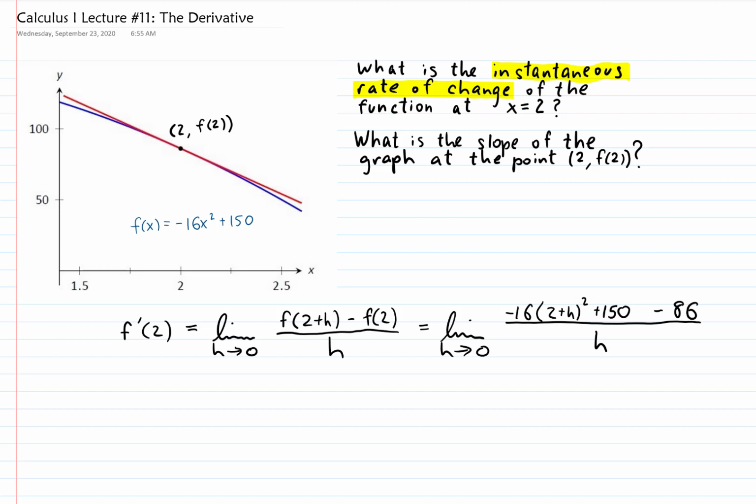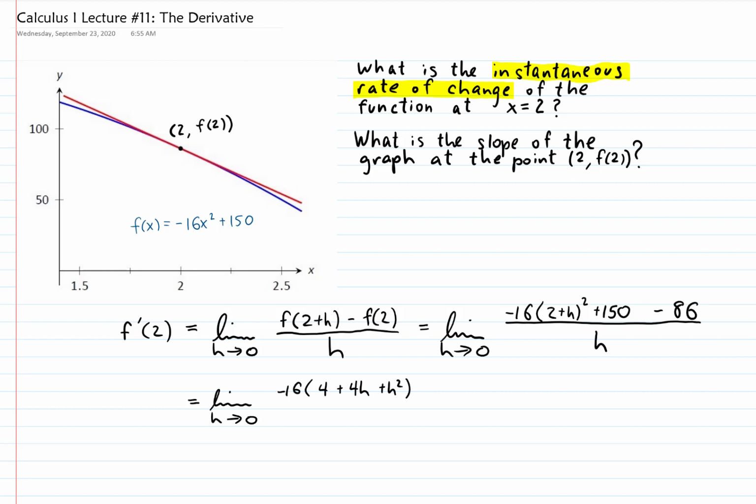All right, let's simplify that. So that's the limit as h approaches 0 of, okay, we have negative 16 times 4 plus 4h plus h squared.